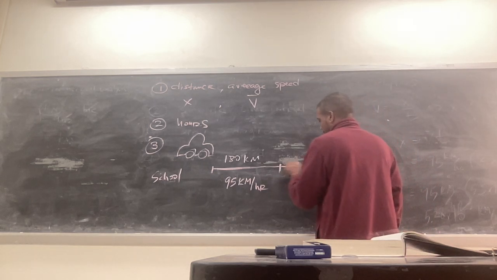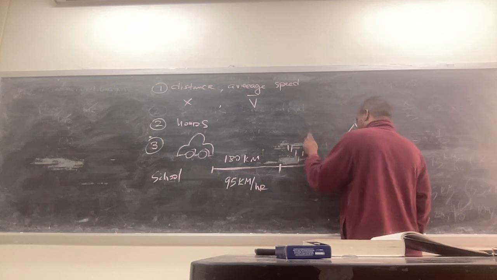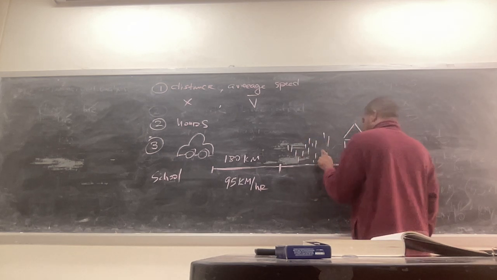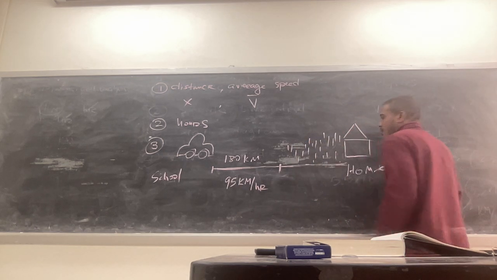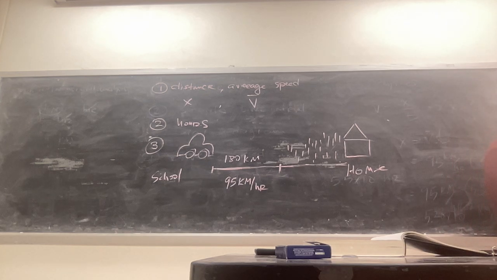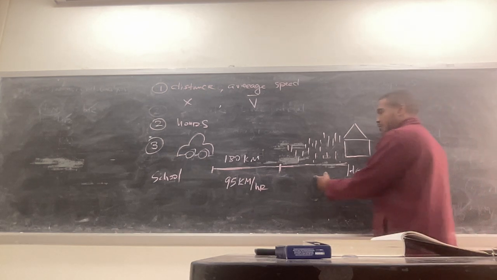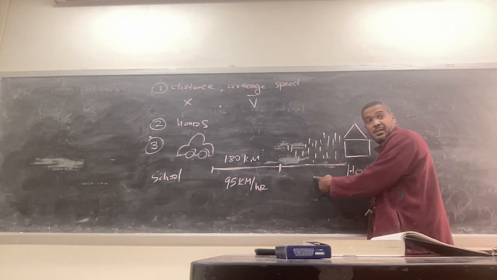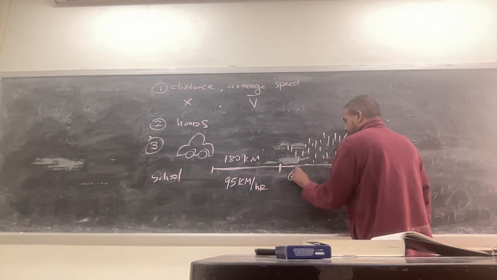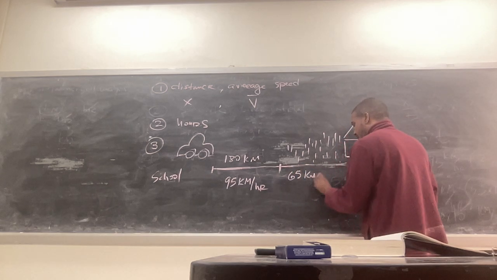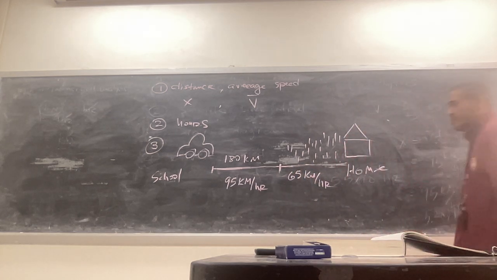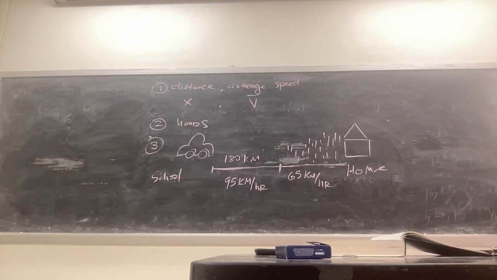Okay? And then the remainder of the trip, it starts raining. It's raining for the remaining of the trip, right? And that's where you slow down to what? 65 kilometers per hour. And what else do they tell you about that? Nothing?